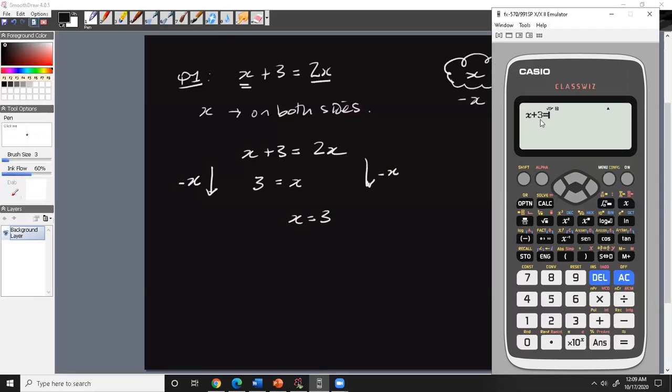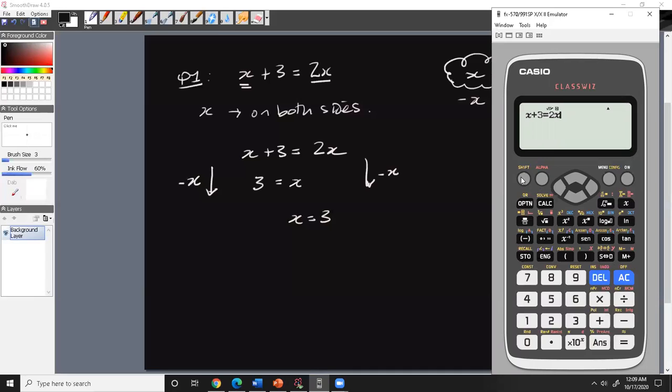So far we've got x plus 3 is equal to 2x. Now you don't press equals here, because you'll just get an error. What you have to use is the solve function on your calculator, which is here, and obviously that is in yellow.